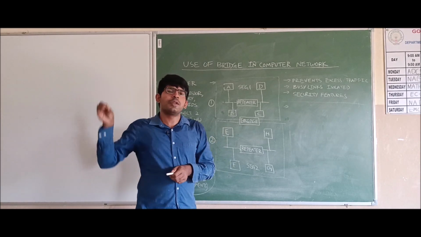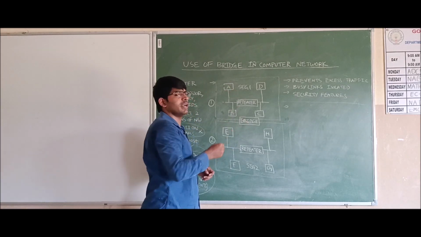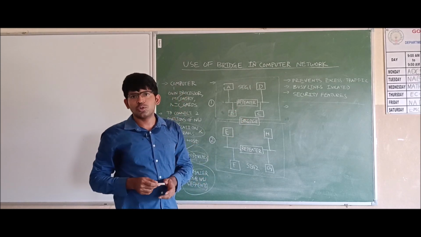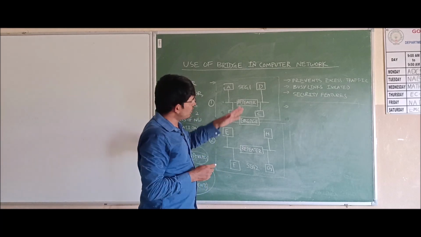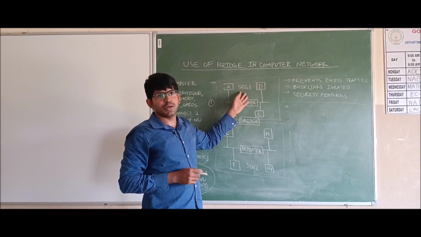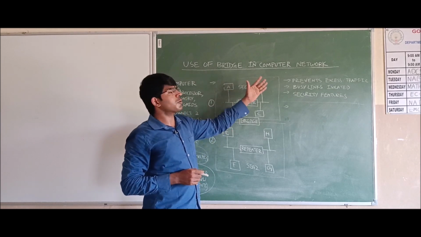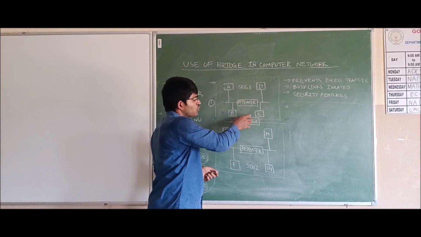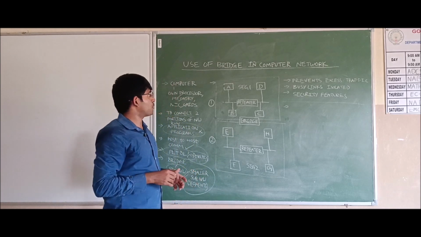Now, if we want the bridge to take care of the communication, then A might send the data to the bridge, and from there we can give permission to B. Like that also we can give the connection, but a time delay will be there. So we are giving independent chance in segment 1. When A wants to communicate with B, it can communicate directly. A wants to communicate with D, it communicates directly. But the bridge will take care that those frames will not enter the lower segment. This is the usage of the bridge.